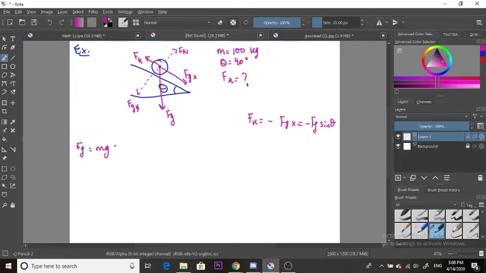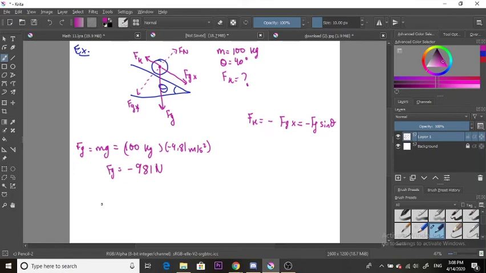So force of gravity is equal to mass times the gravitational acceleration. So 100 kilograms multiplied by negative 9.81 meters per second squared. And that will give us negative 981 newtons. So we now know the force of gravity.